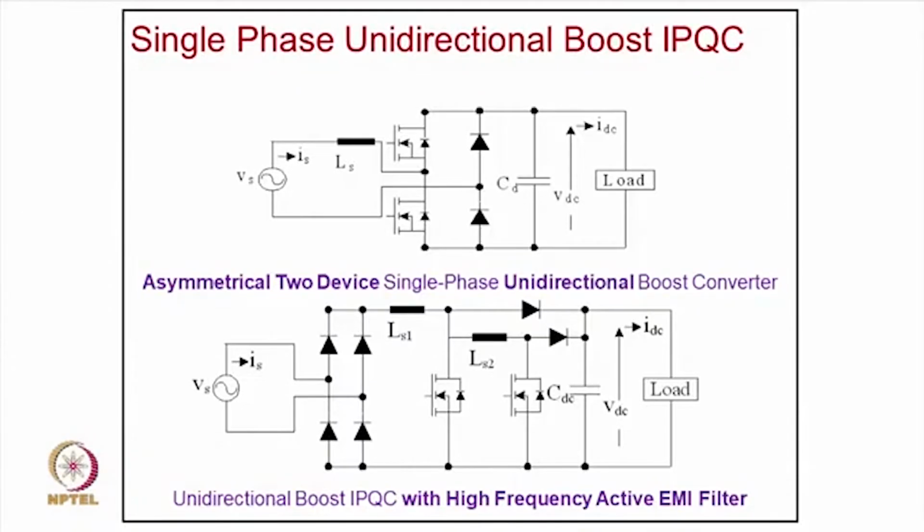The third topology, of course, is an asymmetric configuration for this same boost converter with 2 devices only. Or you can have an interesting topology which is reported in the literature for this boost converter, a 2 cell single phase unidirectional boost converter. Out of the 2 cells, 90% of the energy or power is at low frequency.